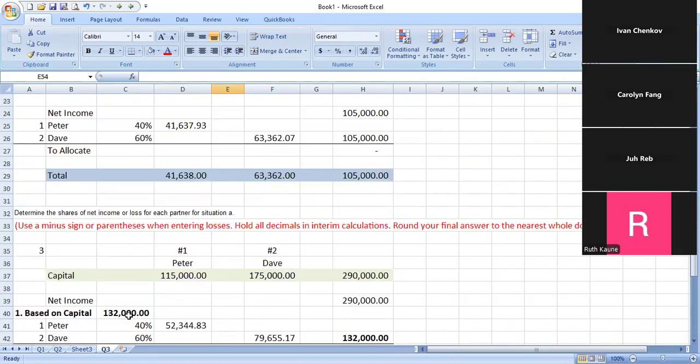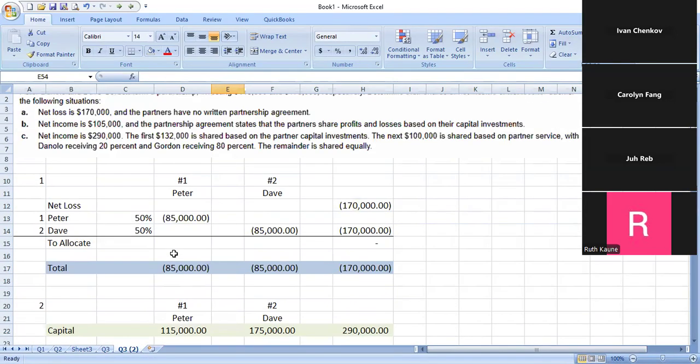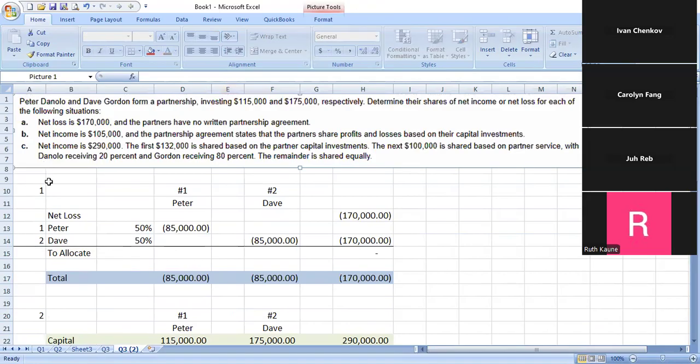Now, is there any twist on this question? Let's see if there might be a twist, and the twist can come if, for example, the question says net income is not 290,000. Let's say the net income here is 190,000.